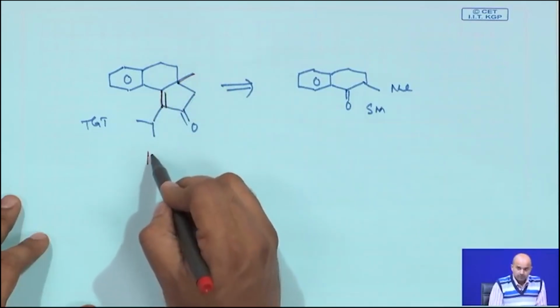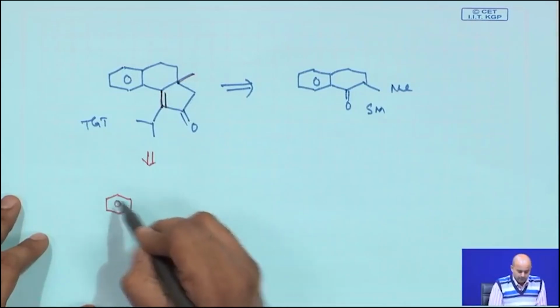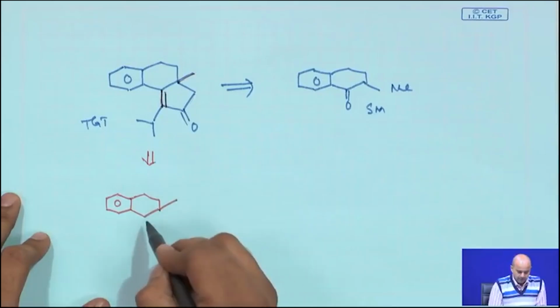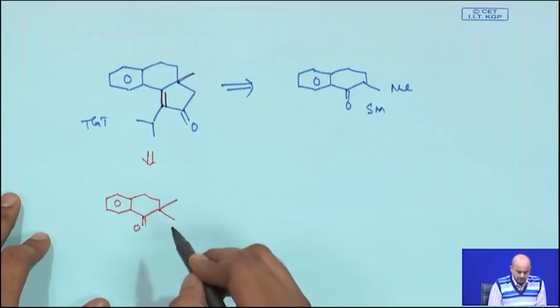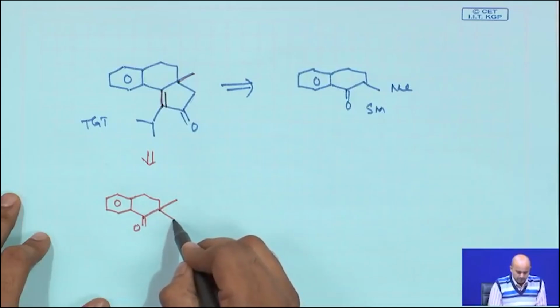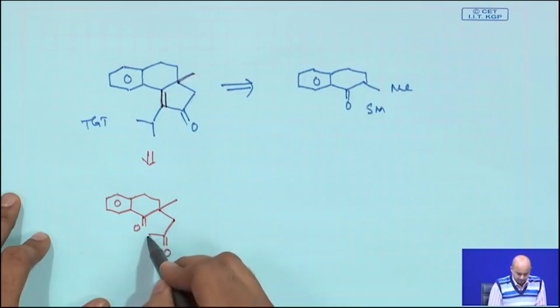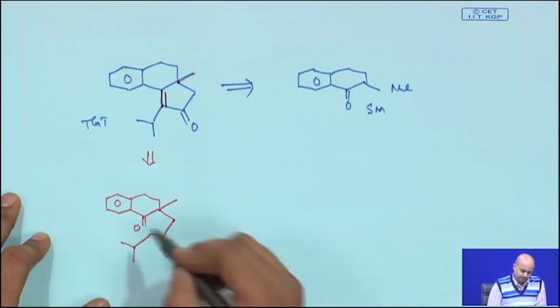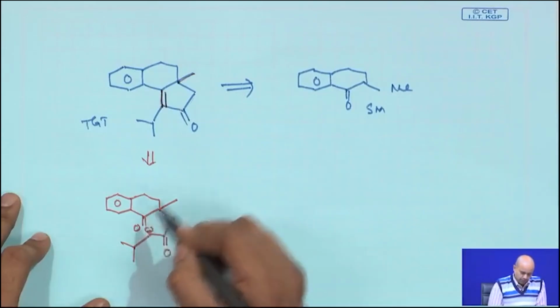Okay. So, if you try to do this kind of disconnection, the first thing that will come into your mind is an intramolecular aldol reaction, that is pretty obvious actually. So, if you have something like this structure, yes, you generate a carbanion here, you do an aldol.